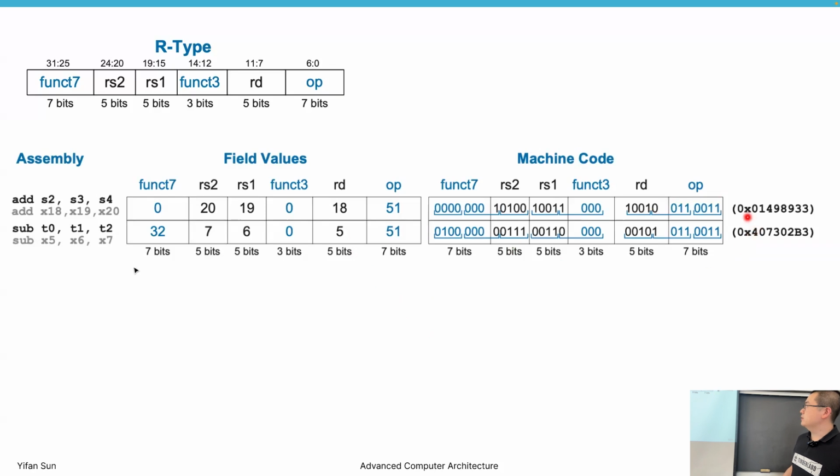It's actually because this op field is not only encoding 51, this single number, it's encoding some extra information. For example, in RISC-V they have a rule that if it starts with certain bits, we know this instruction is only 4 bytes long.